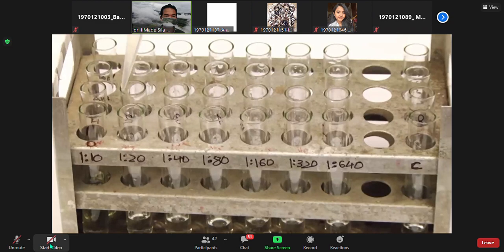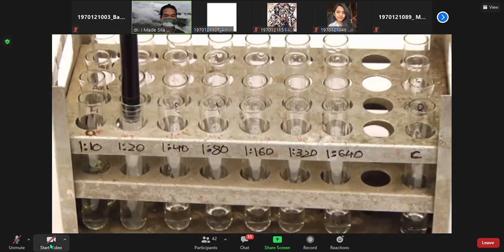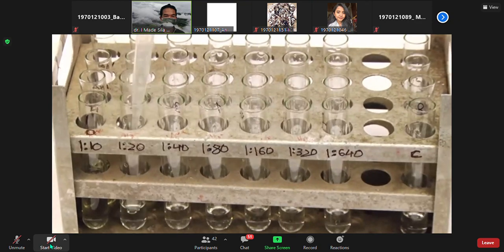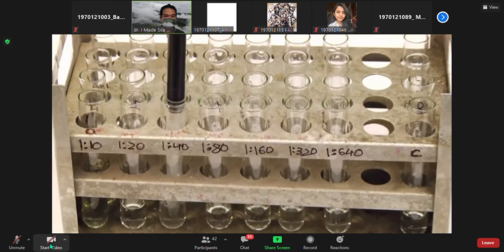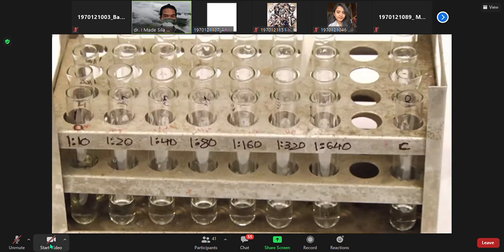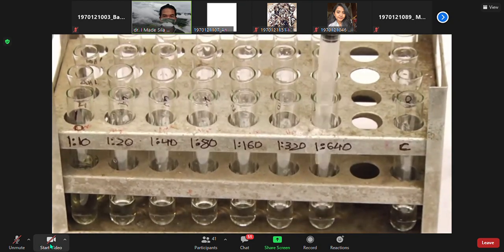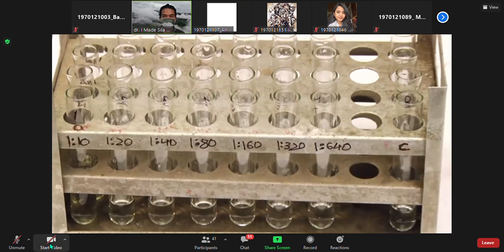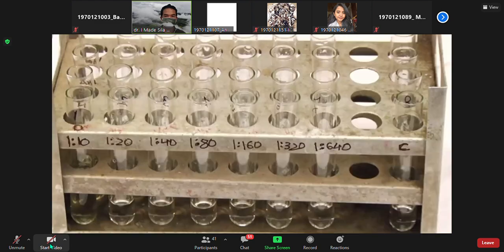Transfer 1 milliliter of the diluted serum sample from tube number 1 to tube number 2 and mix well. Transfer 1 milliliter of the diluted serum sample from tube number 2 to tube number 3 and mix well. Continue this serial dilution till tube number 7 in each set. Discard 1 milliliter of the diluted serum from tube number 7 of each set.